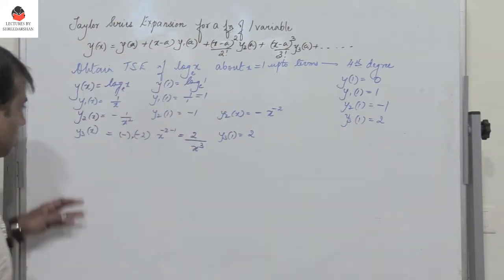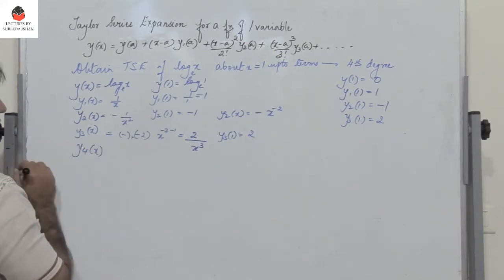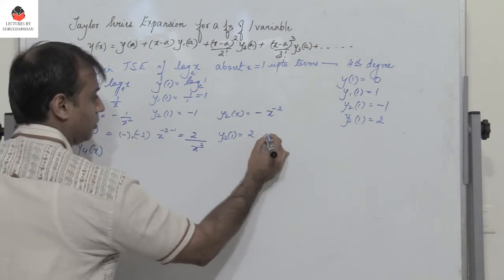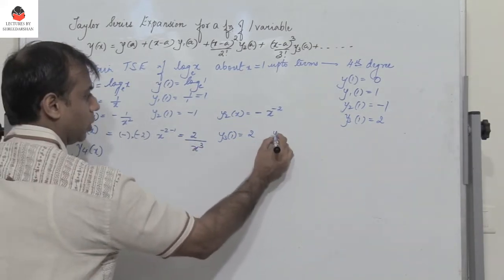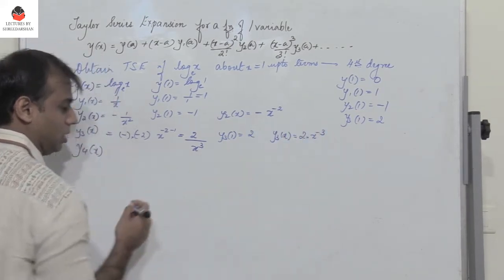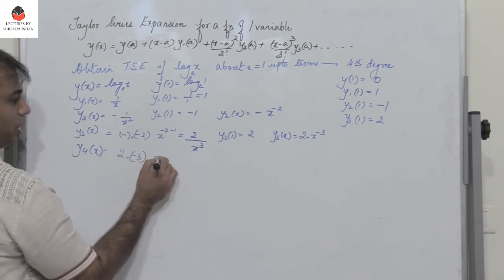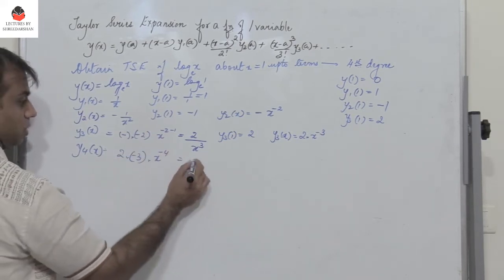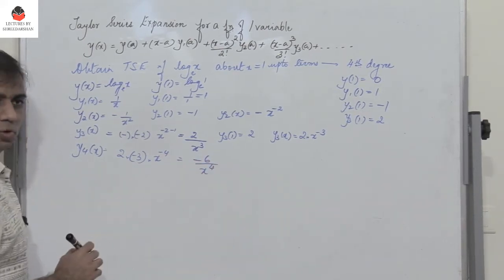Now we have to go a step further. What is y4 of x? Again, y3 of x is nothing but 2 into x power minus 3. So you have 2 into minus 3 into x power minus 4, which is minus 6 divided by x power 4.